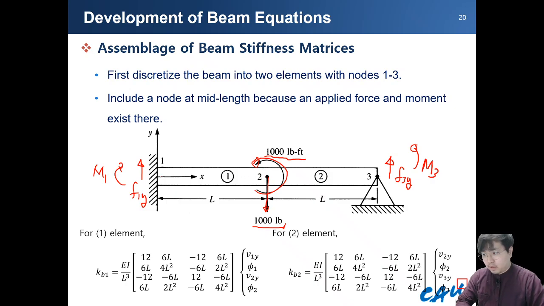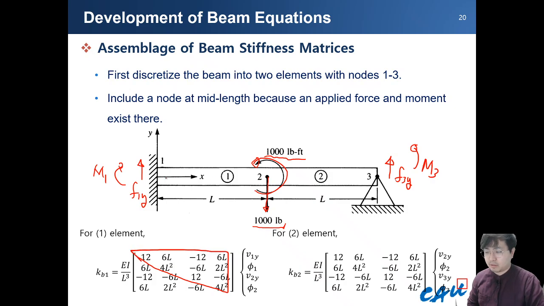I'm not sure that you memorized the Lucas-Stevens equation of the beam element. This beam element has some complex values, so please remember the cube, Young's modulus, and moment of inertia in this Lucas-Stevens equation.